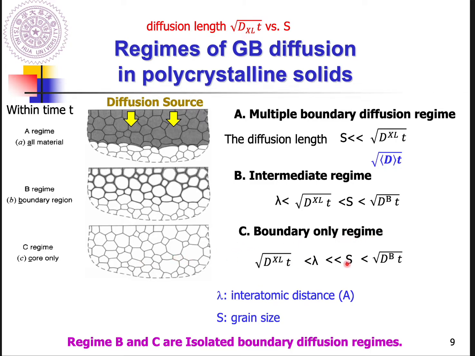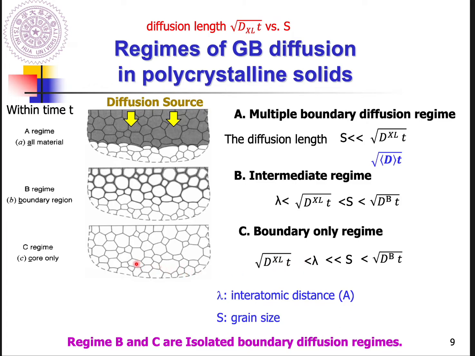Okay, so if you want to write down the characteristics of this region C, the diffusion along the grain boundary is larger than S, and S is much larger than the interatomic distance lambda, and the diffusion distance inside the grain is smaller than lambda.